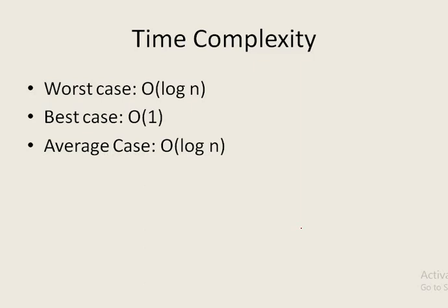That is, whenever we divide the array into two, the middle element itself will be the searched element. In that case, it is known as the best case of binary search, and we have to make only one comparison. Therefore, the time complexity will be big O of 1. So these are the time complexities of the binary search algorithm.